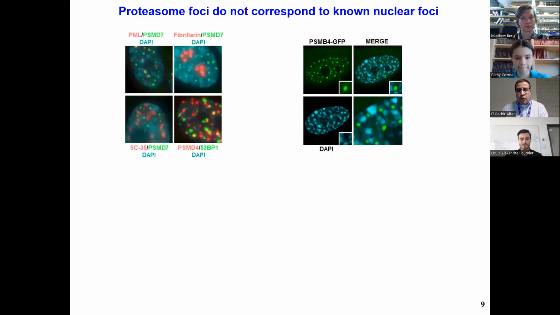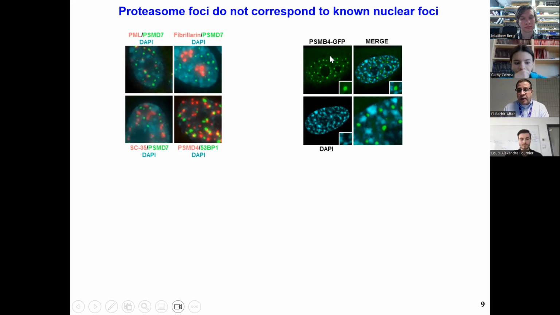So he wanted to characterize whether these proteasome foci correspond to other described foci in the nucleus. So he characterized by co-stainings, for example, PML bodies, nucleoli, speckles, DNA damage foci, and in each case, he can see that these are distinct foci of the proteasome that are independent of other known foci.